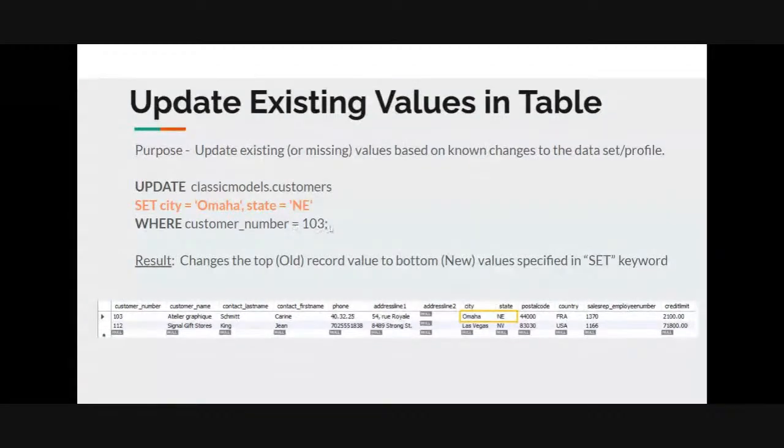So the where statement is the same as you did in a query. It limits the number of records that you're looking at or return in a set. So for this one, you just look at customer 103, and then you change city to Omaha, and then state to Nebraska. So we will go ahead and run this one because it's good to look at this before and after.